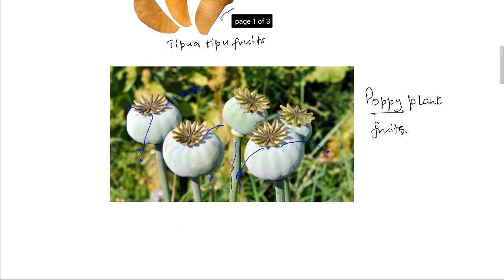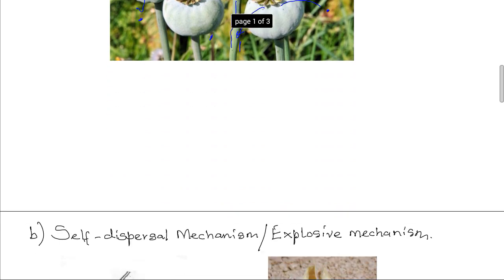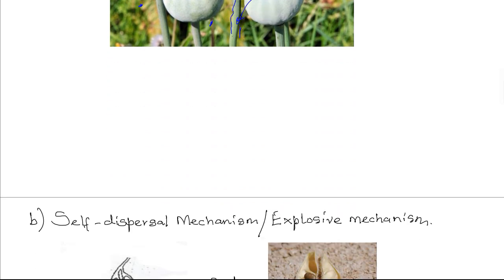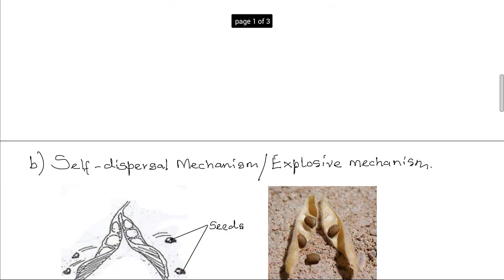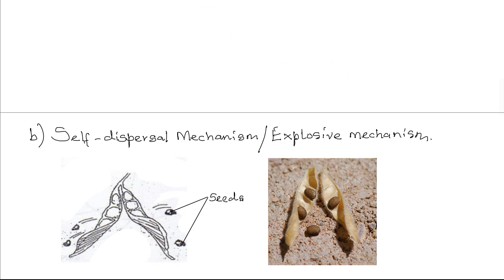In seeds and fruits that are dispersed by the plant itself, the method known as self-dispersal mechanism or explosive mechanism, the fruit is structured in such a way that the pod, for example, in the legumes, has certain lines of weakness known as sutures.